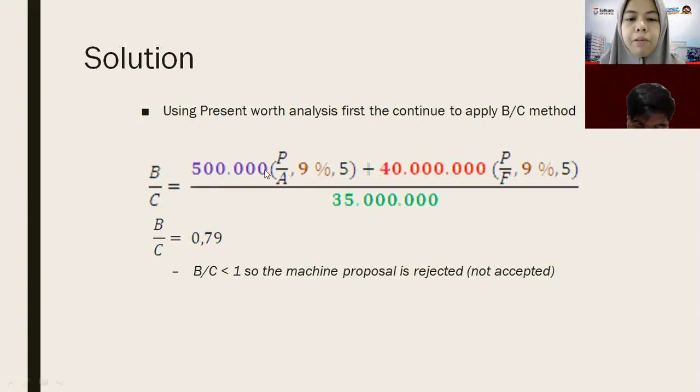So P/F at 9% for 5 years. Annuity means my savings if I use this machine, plus the salvage value, which is P/F. P/F is applicable to the salvage value because it's located in the future, right?